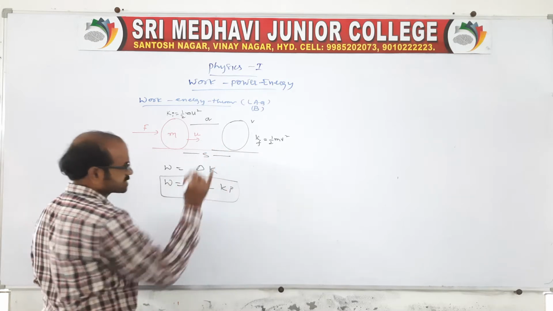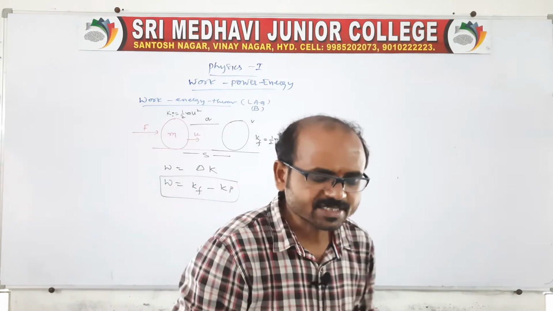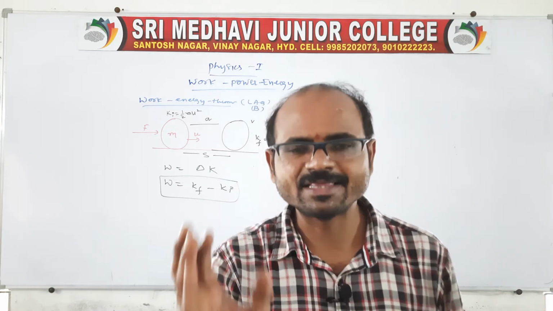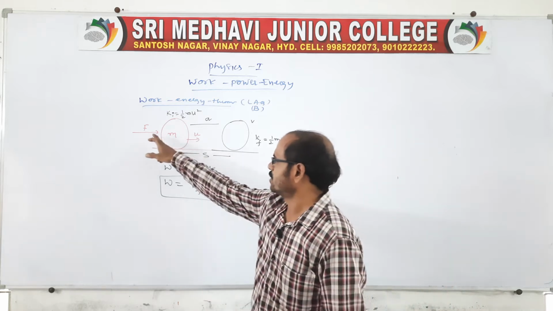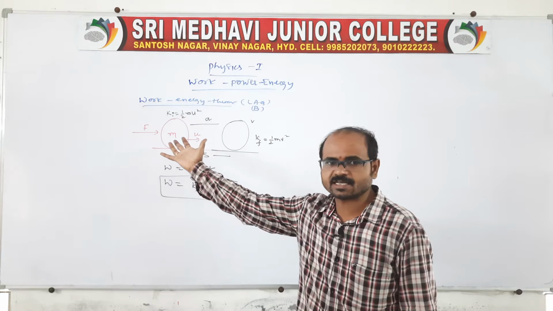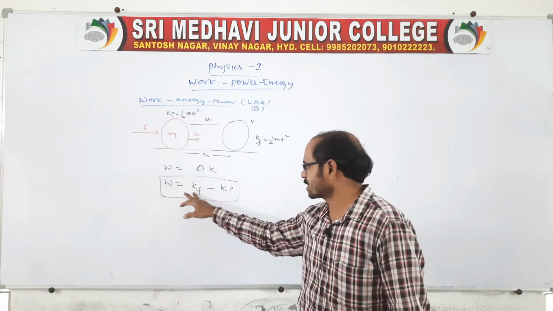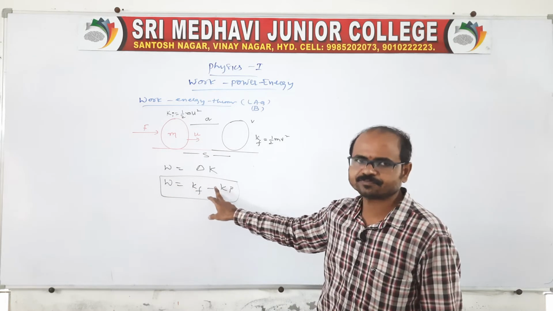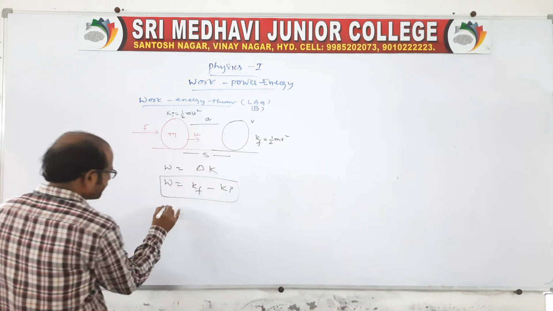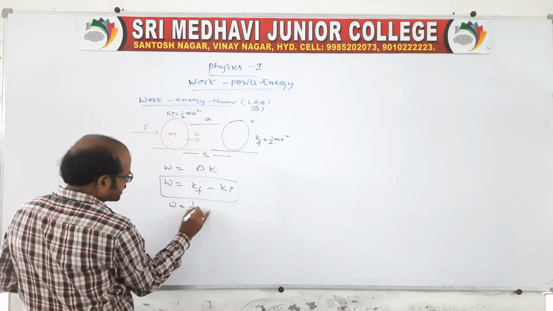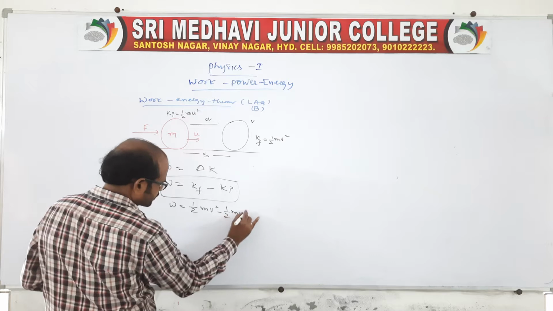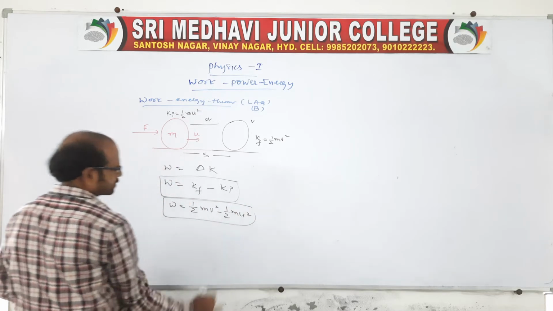This is the theorem statement: work done by the constant resultant force produces a change in kinetic energy. So work done is equal to K final minus K initial, that is, half mv square minus half mu square.